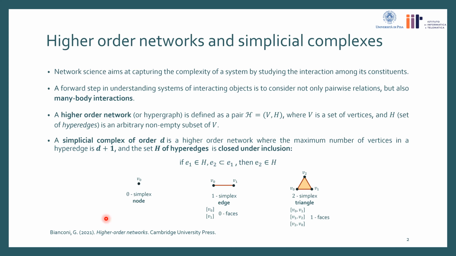It means that given a hyperedge of cardinality, for example, 3, which is a 2-simplex, a triangle, as you can see in this slide, you have to include in the hyperedge set, which is the set of simplices for simplicial complexes, also all the pairwise interactions and all the single nodes, of course. Okay, so this is named the property of being closed under inclusion of simplices.